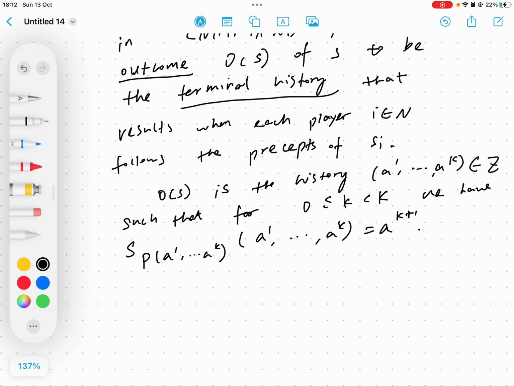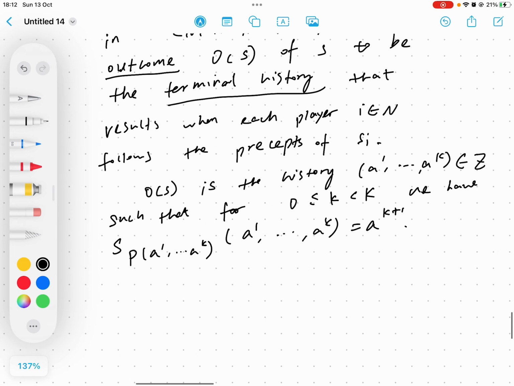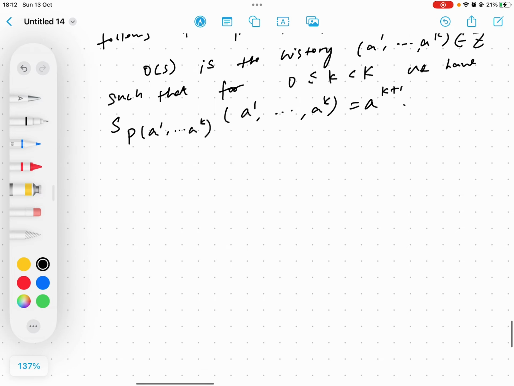Okay, so now we have those definitions, we could refer to our familiar solution concept that we discussed previously, which was Nash equilibrium, right?